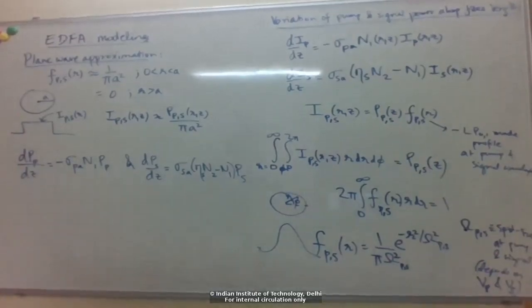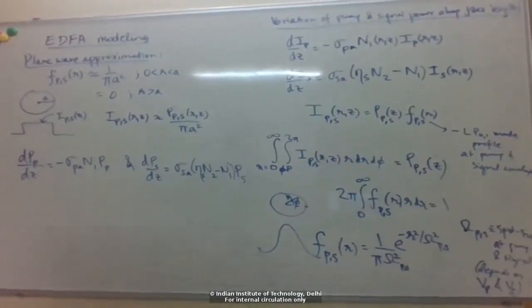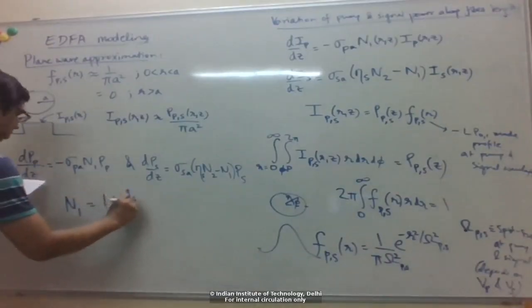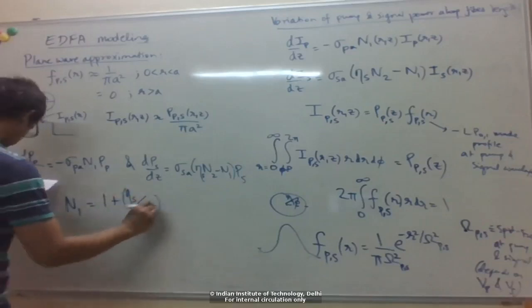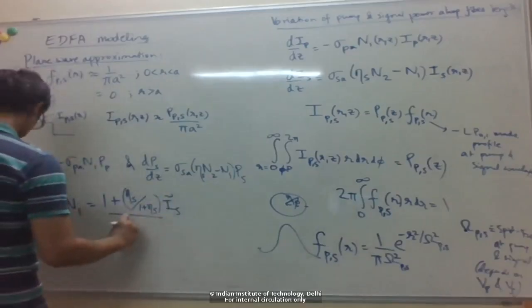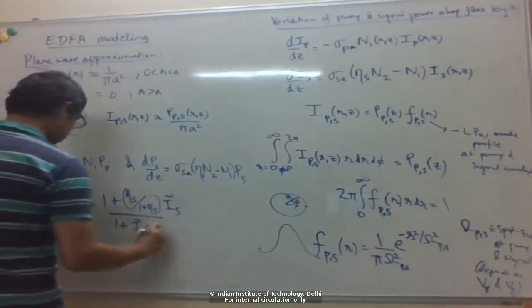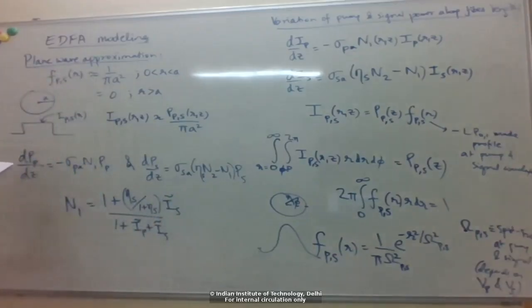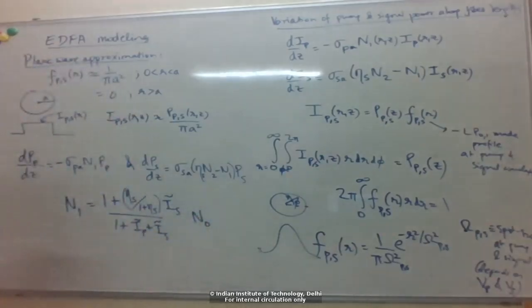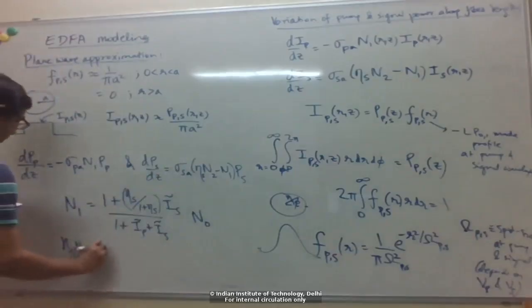And now we can use the expressions for N1 and N2 that we had, and then this eta times N2 minus N1.